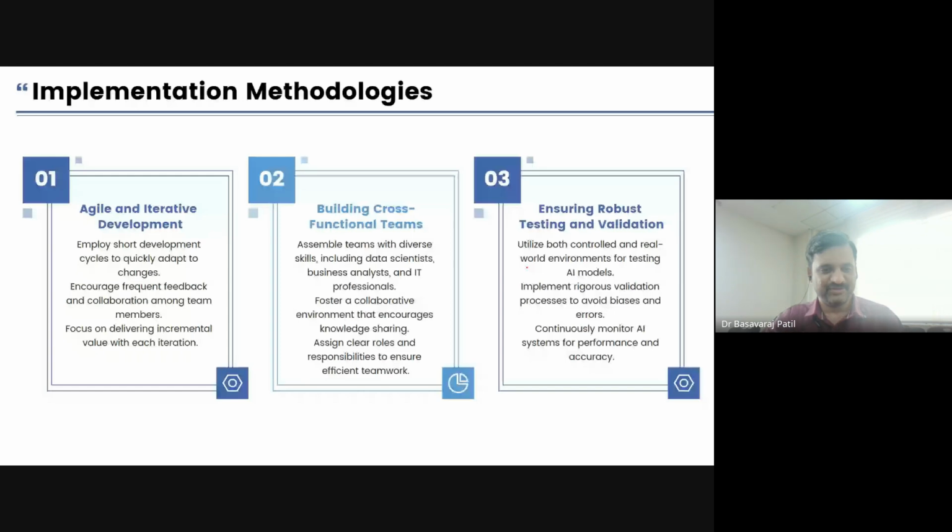So we need frequent feedback from different levels: from the customers, middle-level developers, sales executives, each and every person collaborating in the phase of transition. We need to get data and frequent feedback from each of them so that we can deliver incremental value in the application.